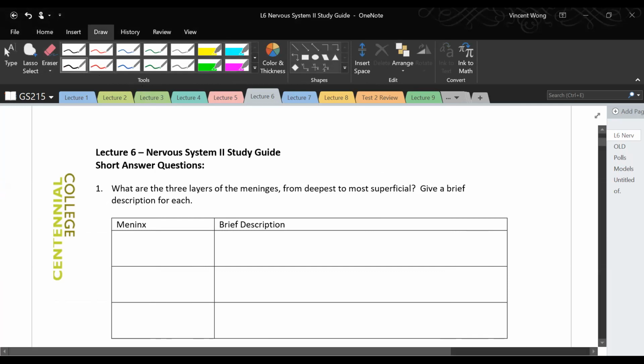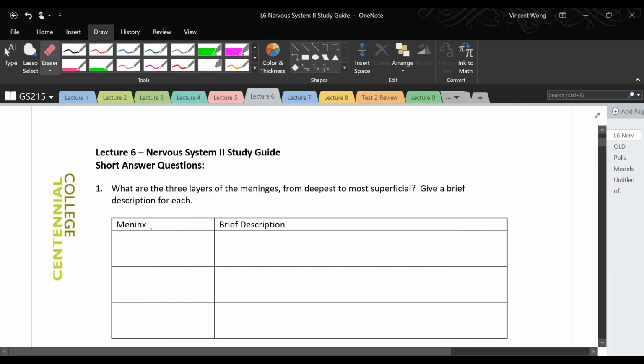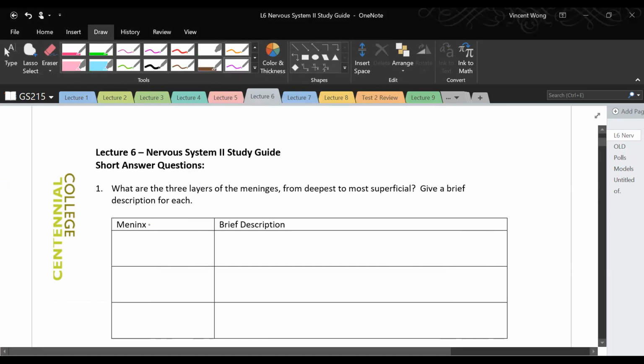Okay, so the meninges is actually 3 layers. The singular word for meninges is meninx, and the deepest layer is the layer that is going to be in direct contact with the brain. That is the pia mater. So pia mater, M-A-T-E-R.